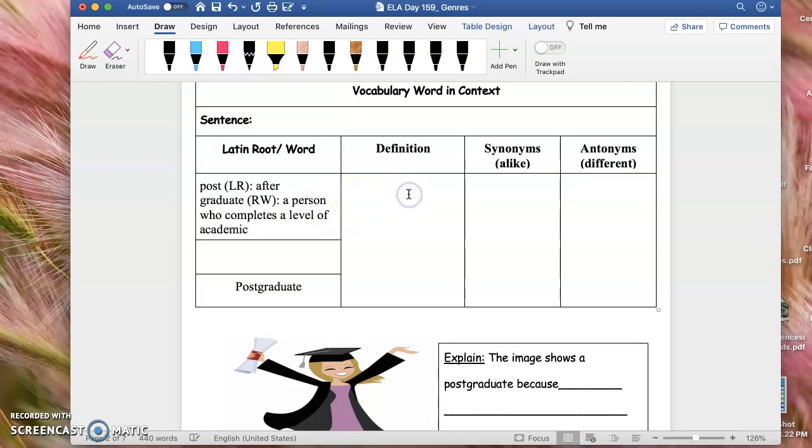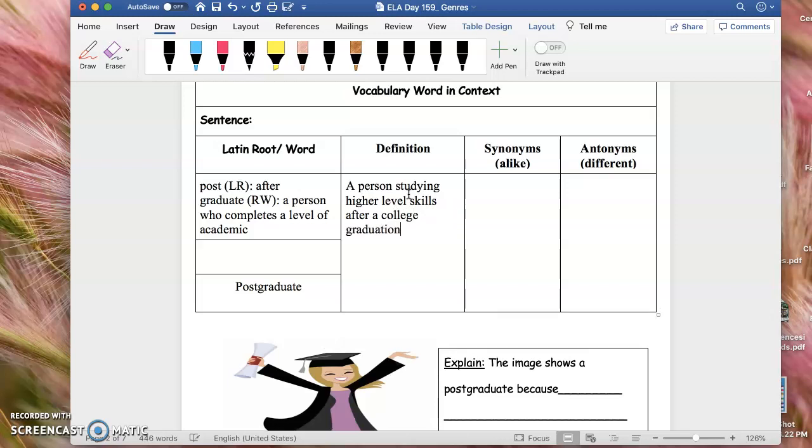All right. And so when you put those two together, a postgraduate is a person pursuing or a person studying higher level skills after a college graduation.